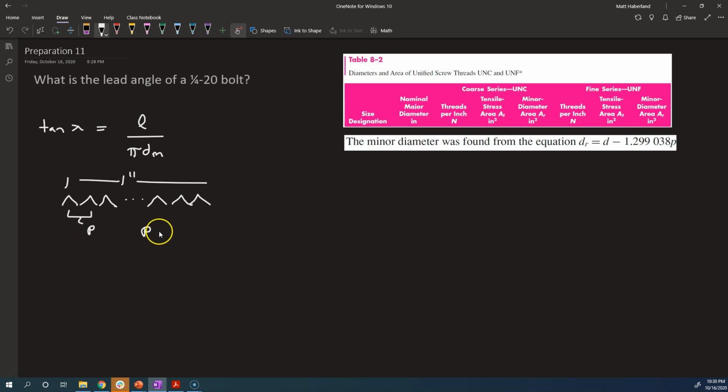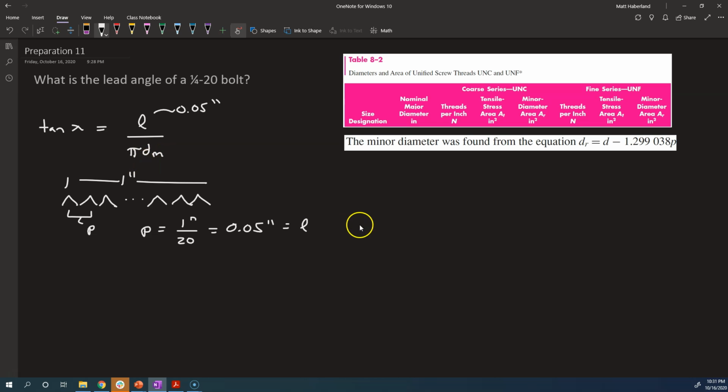Well, the pitch is just 1 inch divided by the 20 threads, and so 0.05 inches is our pitch. Now, we have a single start fastener, so this is also the lead. So L is equal to 0.05 inches.